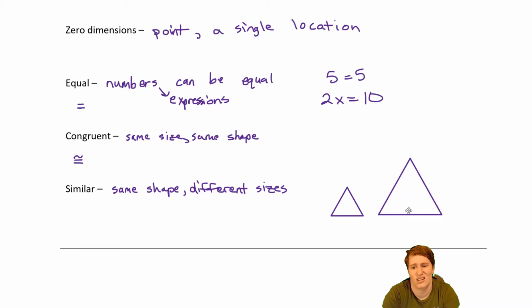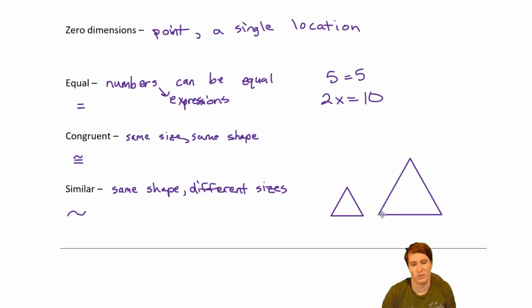So these are similar triangles because they are not the same size, but they do still appear to be the same shape. They'd have the same angles still if they were similar. The side lengths have grown by a certain amount, so maybe the sides are twice as big or 3 times as big. That's what similar means. For similar, we use just the squiggly line right here.